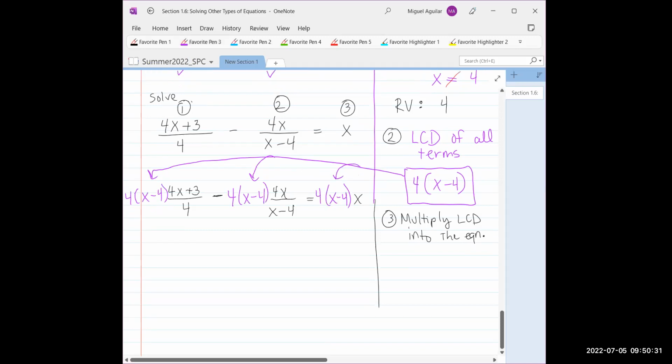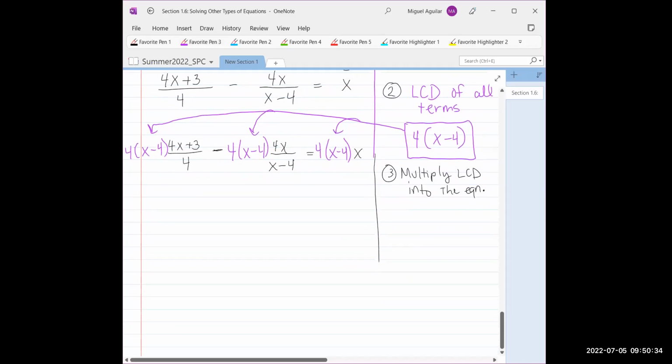Okay. No. I don't know. It's a lot of writing, I know, and it looks even messier than before. But just let me know when you're done writing this down and I'll move on to the next step.